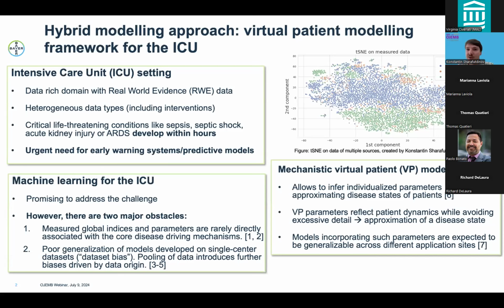So that was our hypothesis. For instance, in this t-SNE plot, which shows how close each of the patient trajectories are to each other in the original data space, colored by hospital, you see that the data is split by hospital. So it means that there is a large number of biases in each hospital that tend to cluster together.